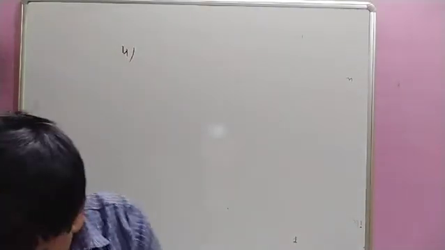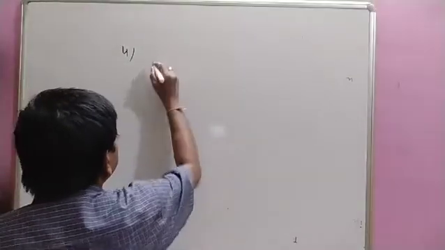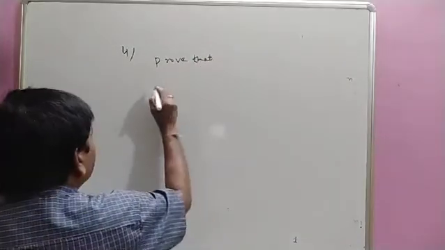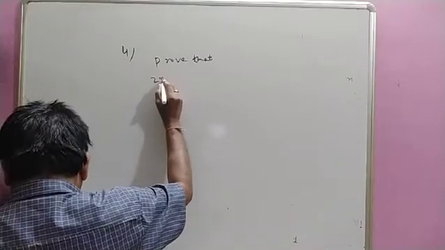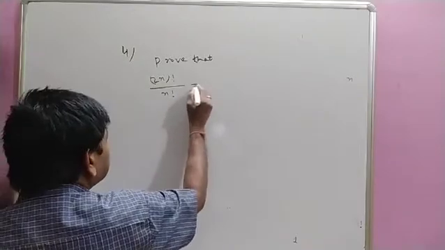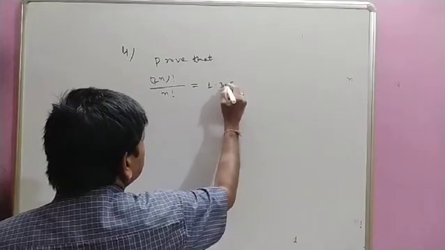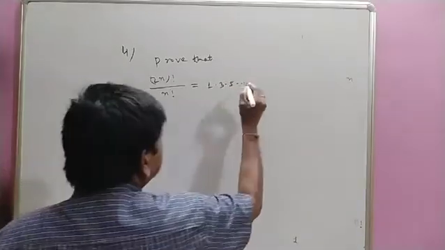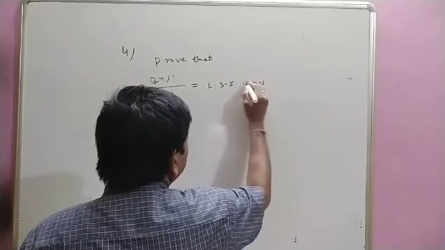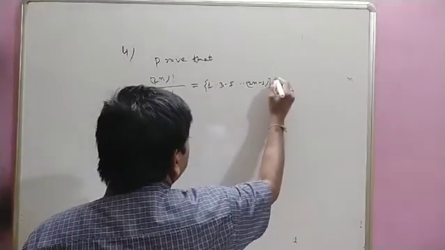So question 4, you write the question: prove that (2n)! divided by n! is equal to 1 into 3 into 5 up to (2n minus 1), whole into 2 to the power n.